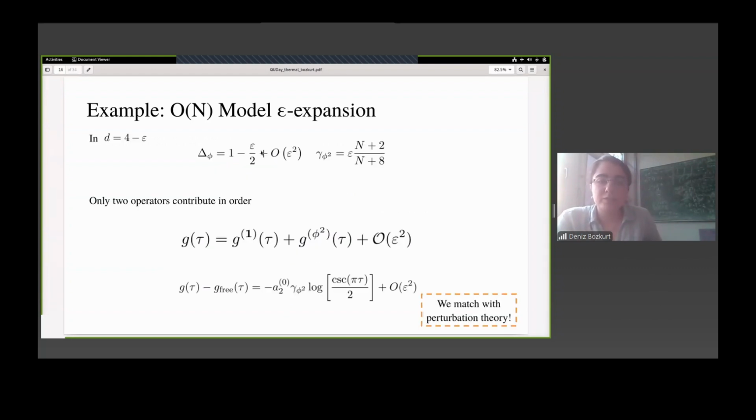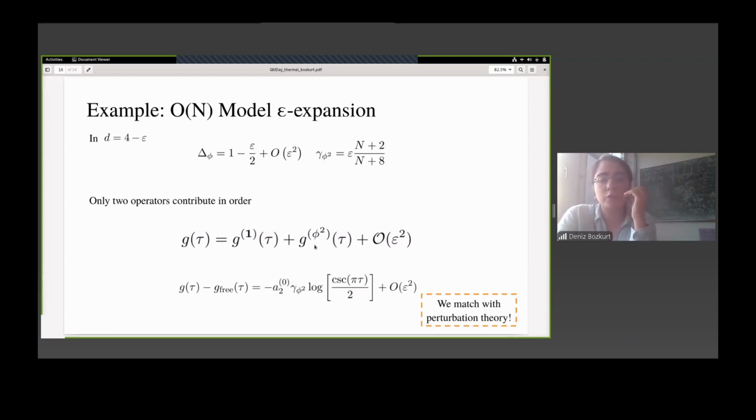In this case, we realize that at the 0th order in epsilon, only the identity operator contributes, which is not surprising because at the 0th order, the O(N) model acts like the free theory. And then at order epsilon, now that phi squared gains an anomalous dimension, on top of the identity, the phi squared operator also contributes.